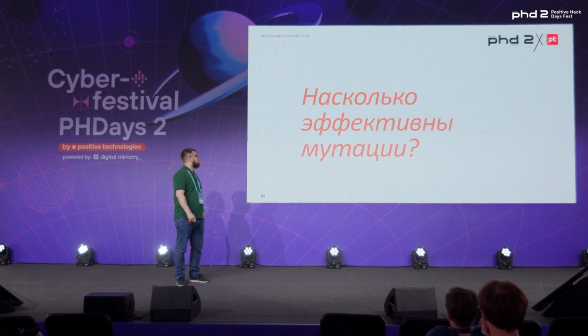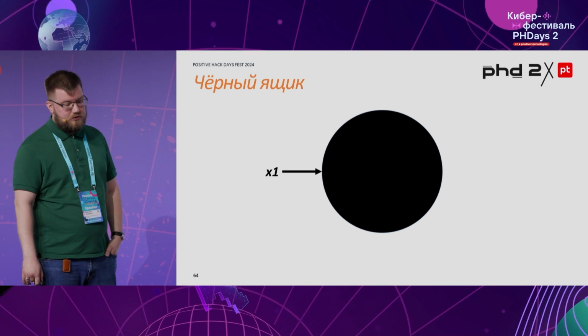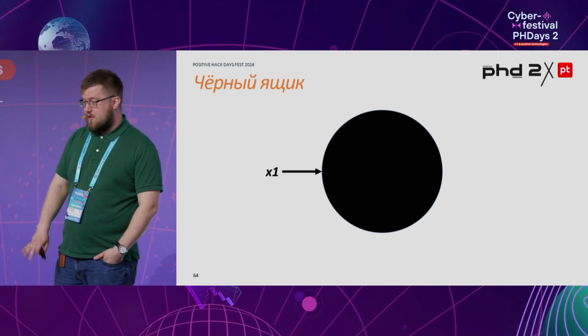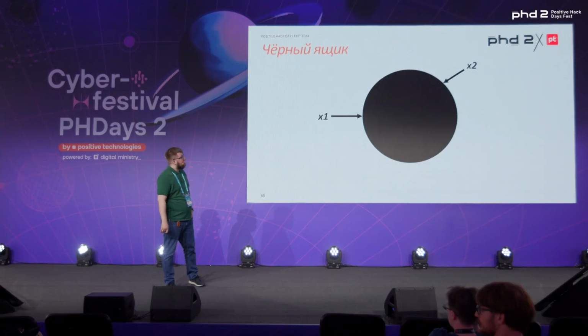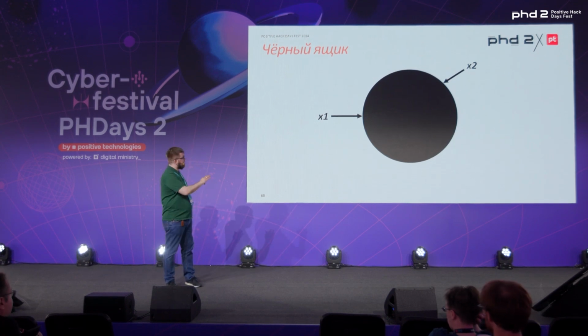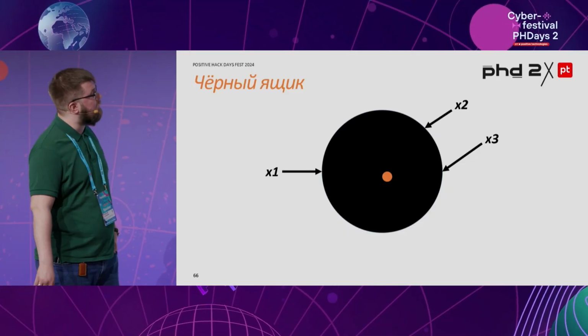Next question. Are mutations efficient? This is our code. All we know about it is that this code works. It can be fed input and it can produce an output. That is normal behavior. We can approach it from a different side and we will not notice a difference. Even if x1 is replaced by x2, even if we mutate the x1 value and get an x2 value, the behavior will be the same.